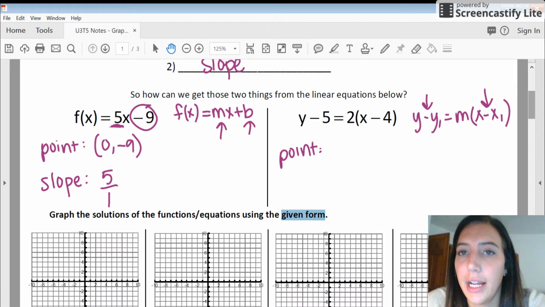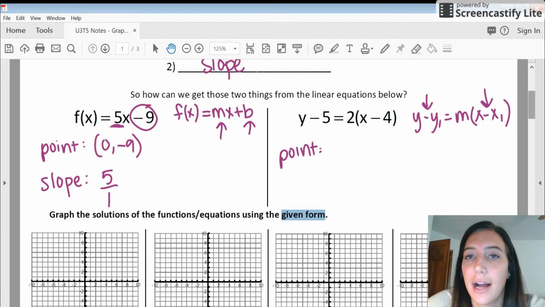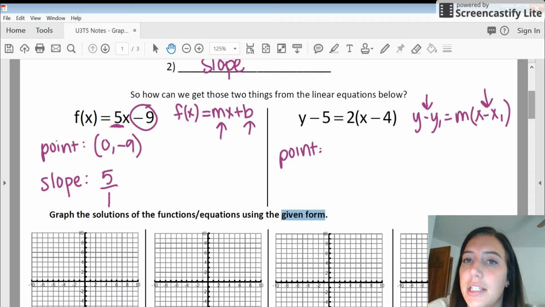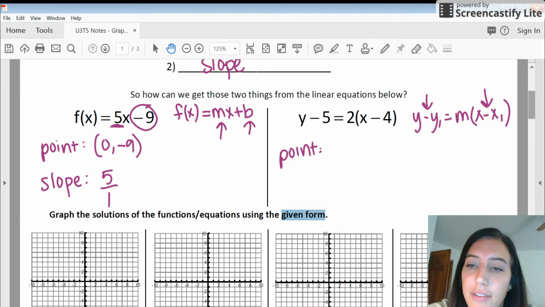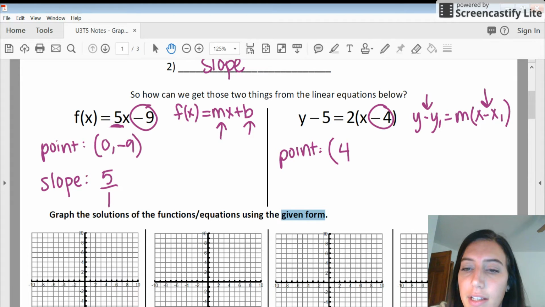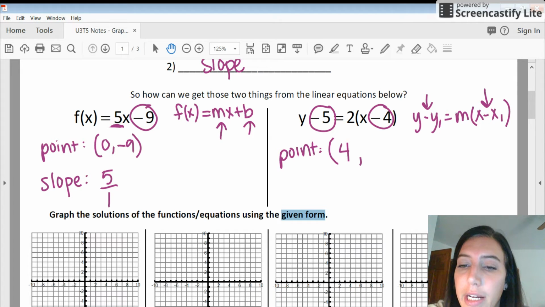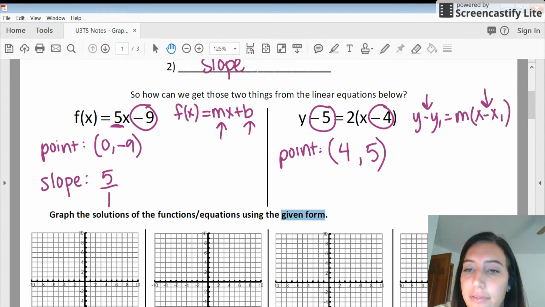So we have to keep in mind that when we pull the ordered pair outside of the equation, we need to use the opposite sign that is shown. So if I have a -4 for the x value of my point, I'm going to use a +4. And for the y value, I have a -5 in the equation, which means that in my ordered pair, this will be a +5.